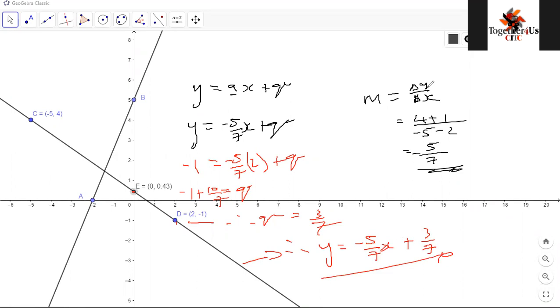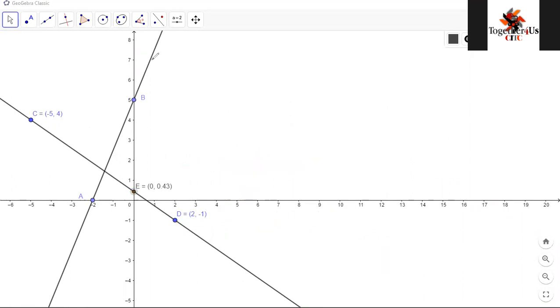Let's come to the next equation, and there is some terminology that I need you guys to pay attention to. In the first equation, because of this point E that I have put in, we say the equation cuts the y-axis at the point E, which is 0 and 3 over 7. We don't have that coordinate here, but we can see it still cuts the x-axis.